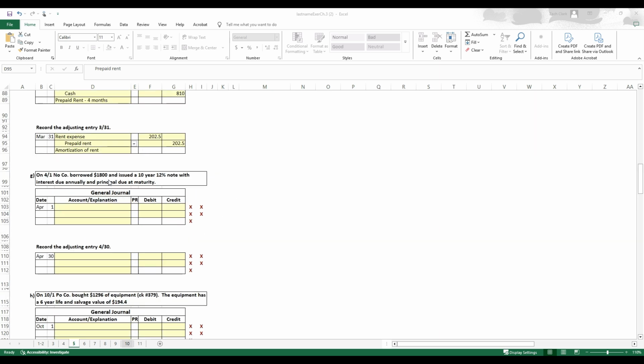Okay, a few more problems here. On 4/1, we borrowed $1,800 and issued a 10-year 12% note with interest due annually. Okay, and so we got cash and we got a liability, so we have a note payable now. So remember, if we turned around, had second thoughts on borrowing this money, we could just walk back into the bank, hand back the $1,800 of cash we were holding, and this would just zero out.